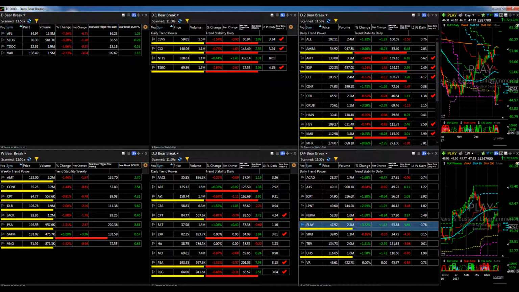I'm going to show you where the gap is. All you've got to do is look at the price here, 53.58 on the chart. You can see my little cursor right here on this chart.